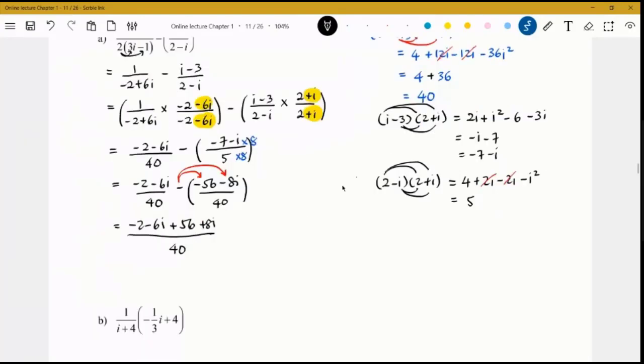So we can combine. So we end up with the i with i, real part and real part. So real part kita adalah negative 2 and 56. So end up with 54. And then our imaginary part adalah negative 6i and positive 8i. So we end up with positive 2i divided by 40. So I split it. So kita boleh simplify dia menjadi 27 over 20 plus 1 over 20i.